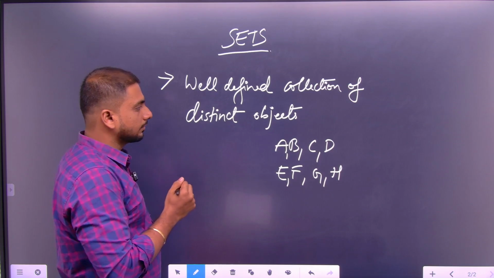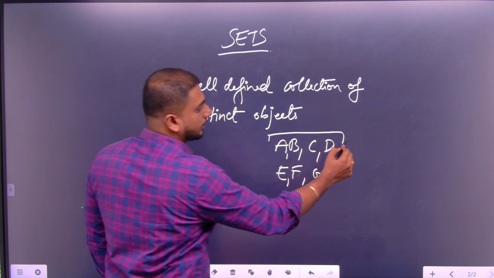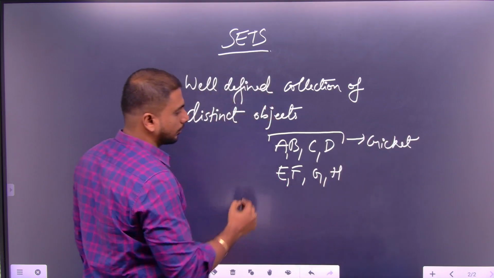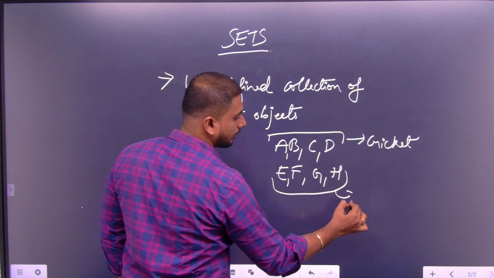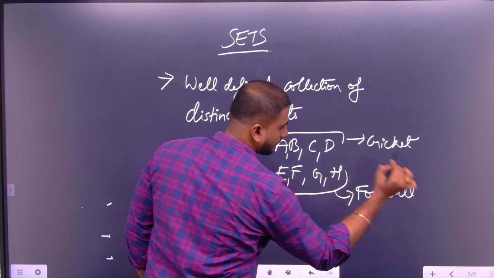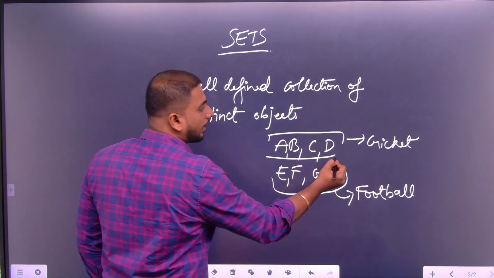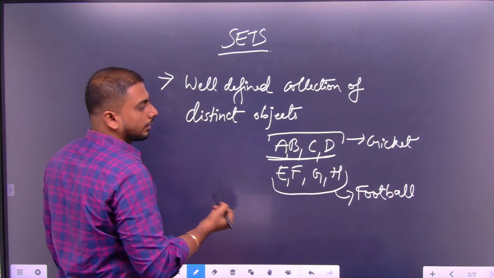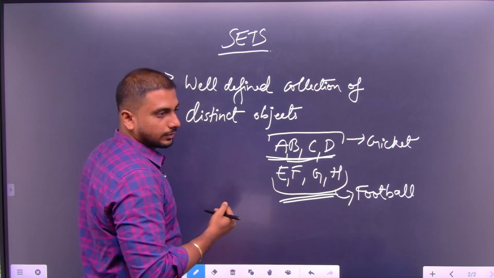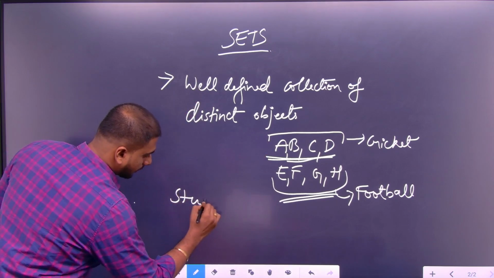Now, in this classroom, let's say A, B, C, and D like cricket as a sport, and E, F, G, H like football as a sport. Now can I group these and make them cricket followers, and group these and make them football followers?